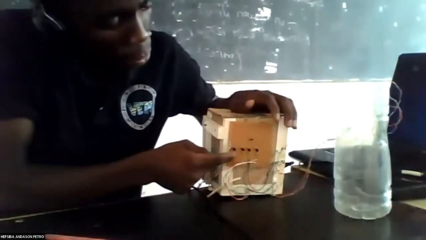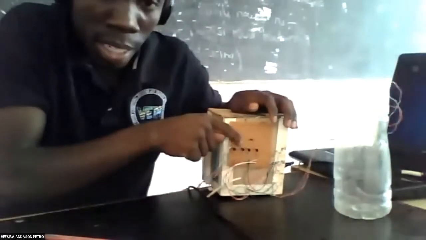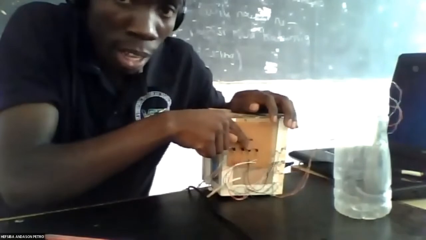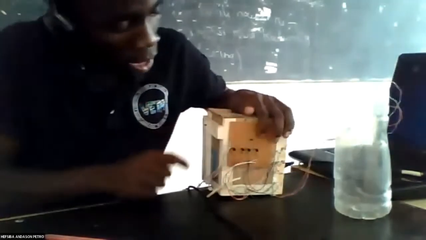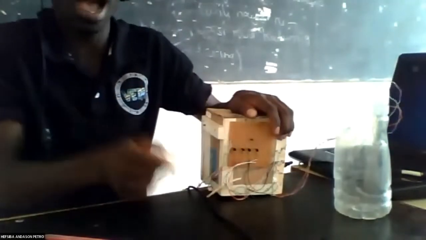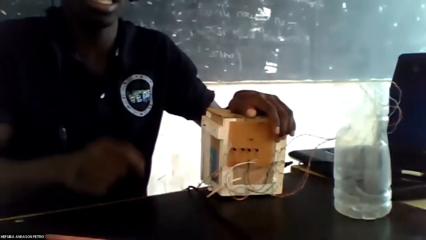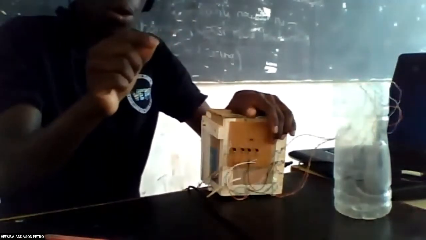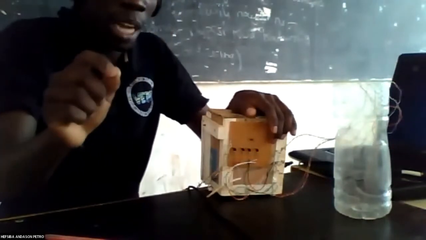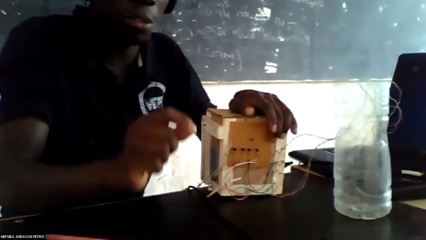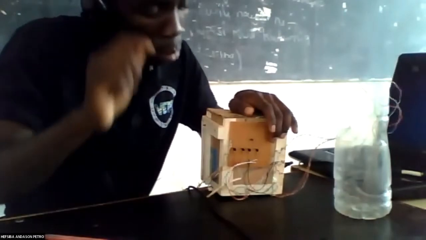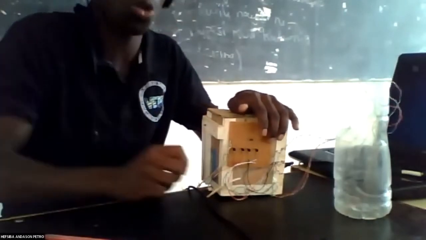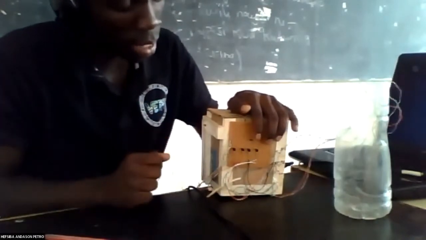Here we have the first transistor and the second transistor, and also another transistor, and another transistor. Those transistors are NPN transistors. That means this NPN transistor has an N type, that is negative, then a positive type, and is completed with another N type.